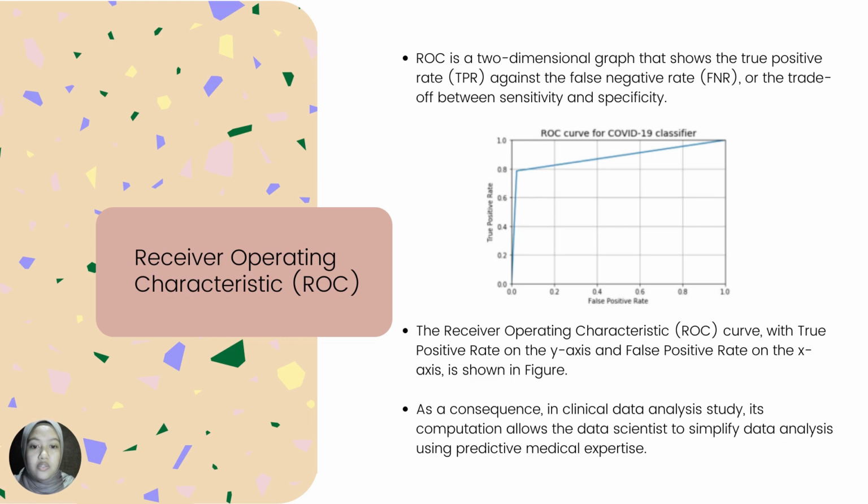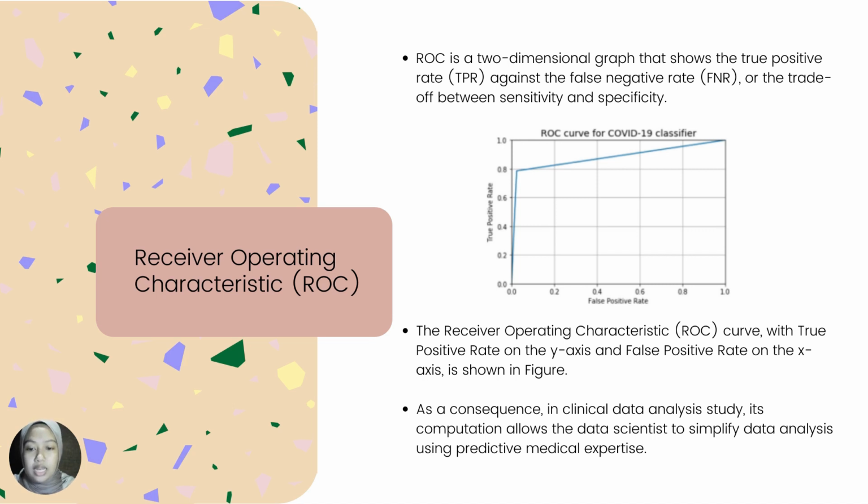Okay, next, the receiver operating characteristic. This ROC is a two-dimensional graph that shows the true positive rate against the false positive rate, or the trade-off between sensitivity and specificity. This is the figure that shows the ROC curve with true positive rate on the y-axis and the false positive rate on the x-axis.